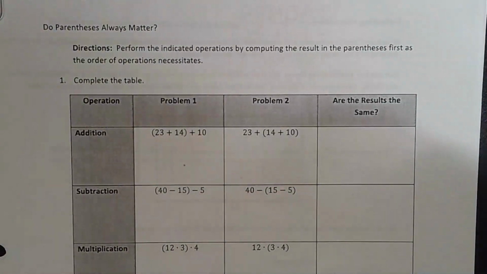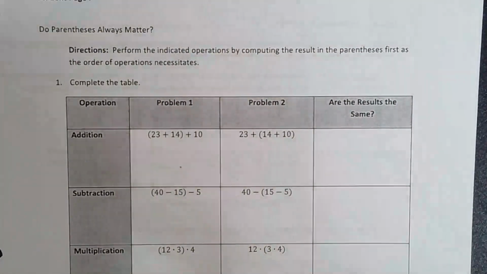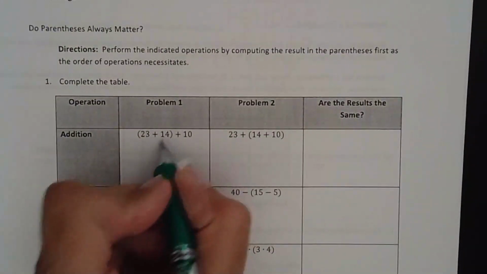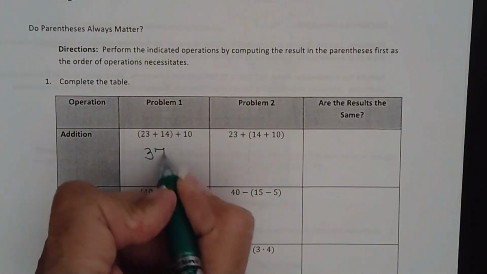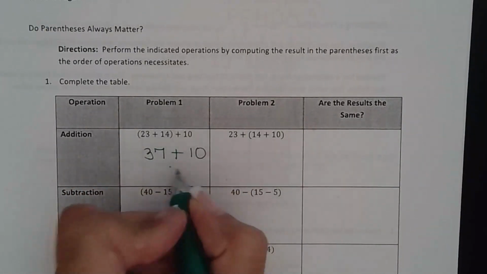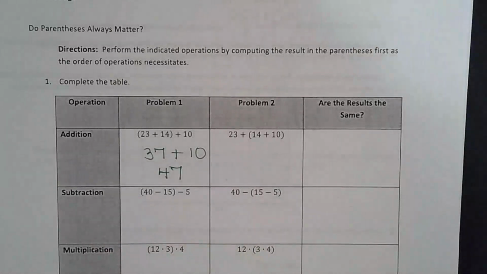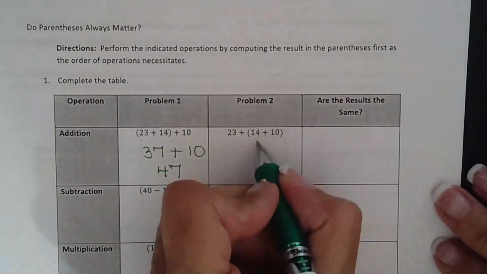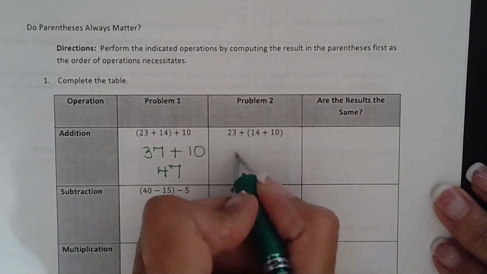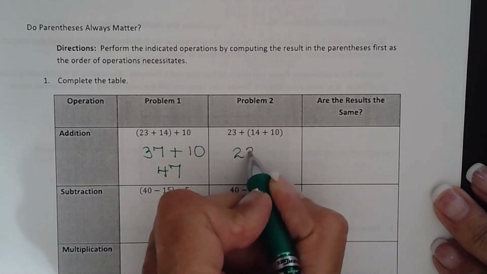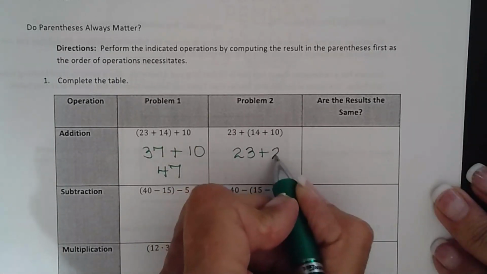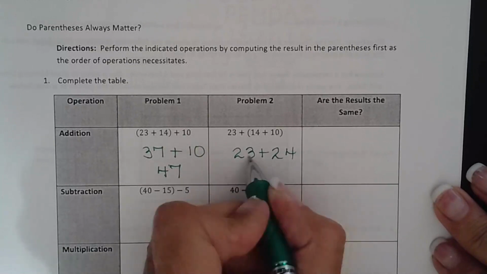So let's see if the parentheses matter in addition. This would be 37, if you do parentheses first, plus 10, which gives me 47. This one, doing parentheses first, 14 plus 10 is 24. And when I add those, 47.